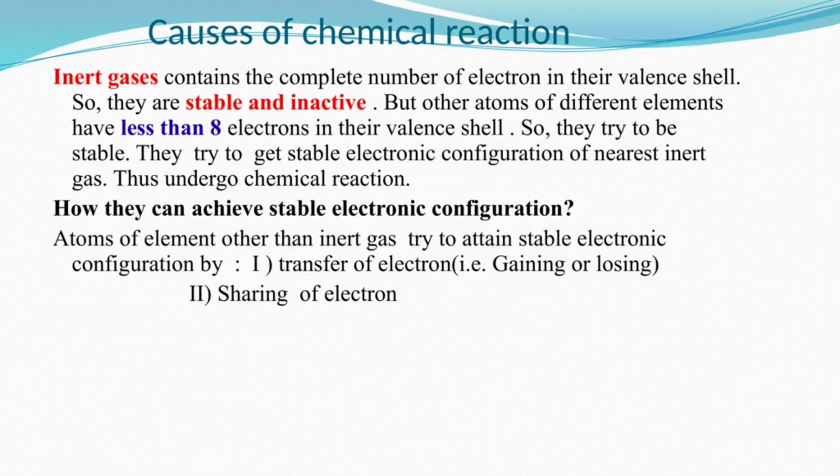One is transfer of electrons, another way is sharing of electrons. Okay. They will try to share electrons in some cases, and in other cases they will transfer electrons. Transfer of electrons means either gaining electrons or losing electrons. Is it clear?